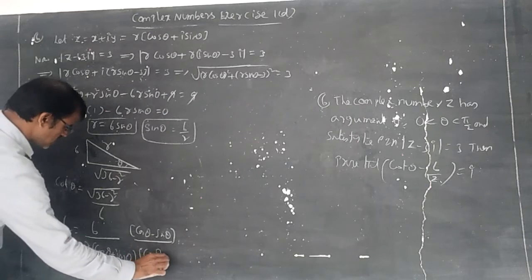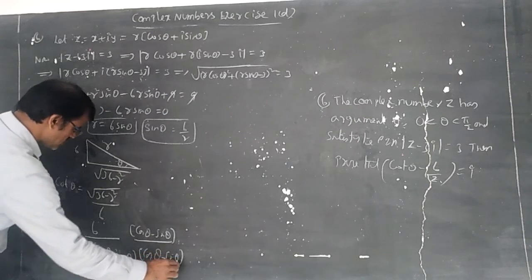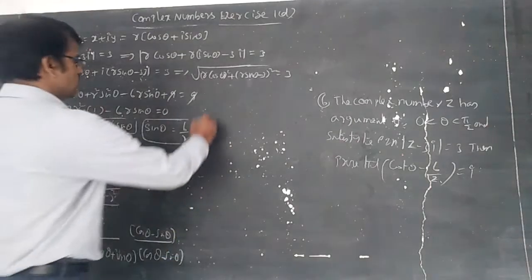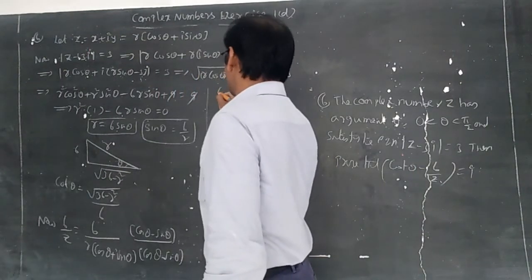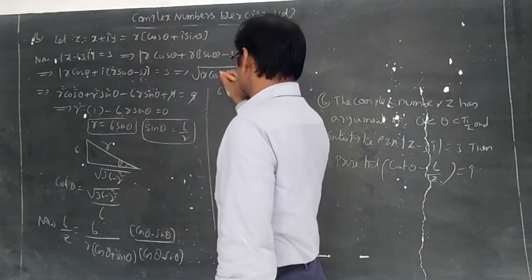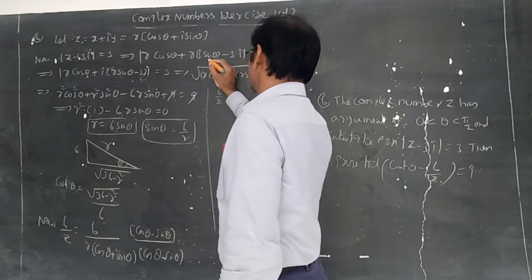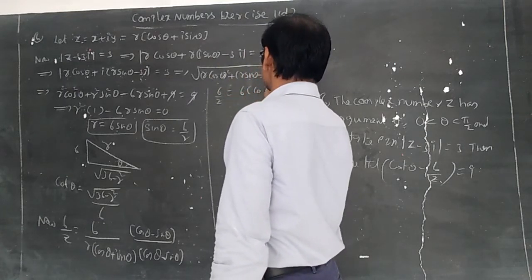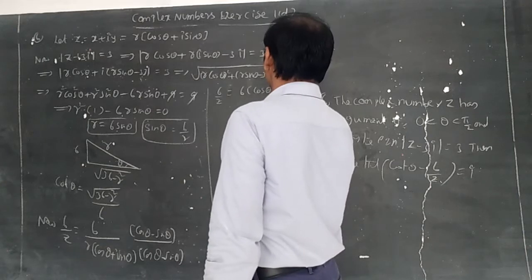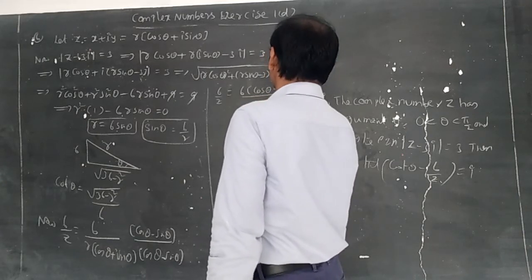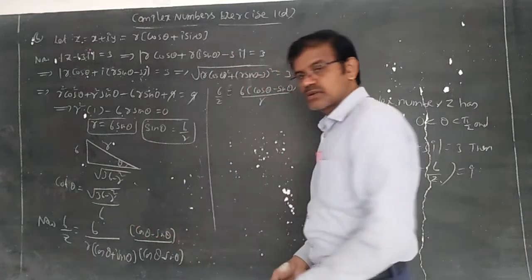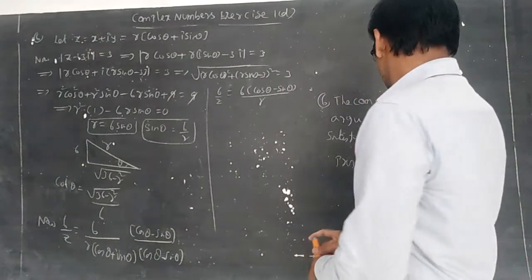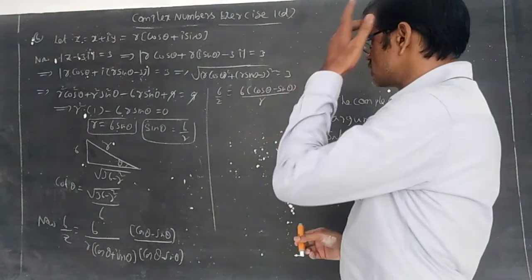So 6 by z is equal to 6 into cos theta minus i sin theta, whole by r, because it is cos square theta plus sin square theta. Now we need to calculate 6 by z.